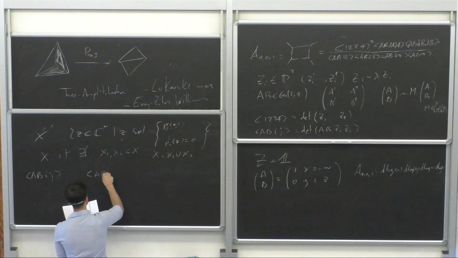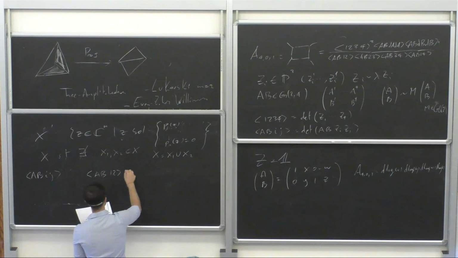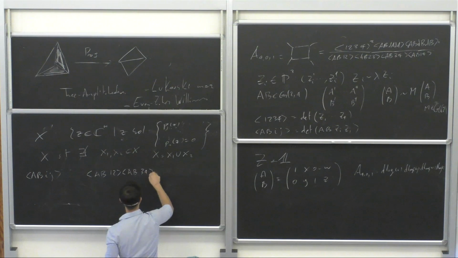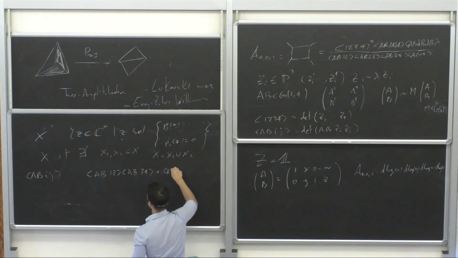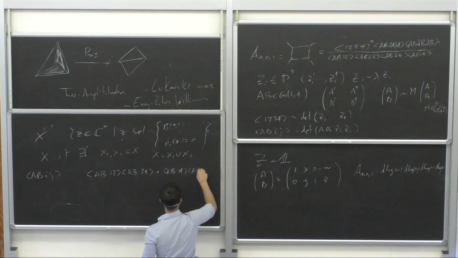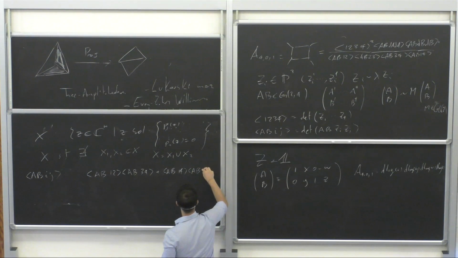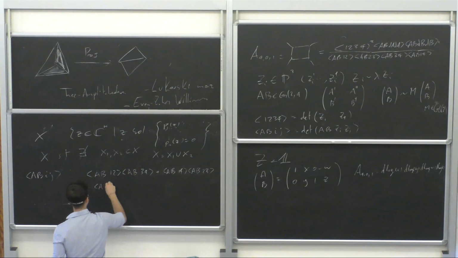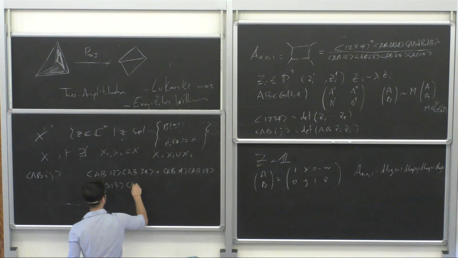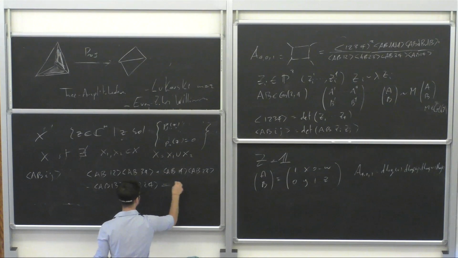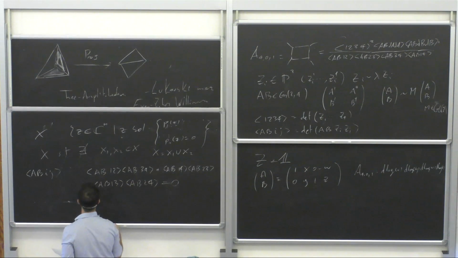There is a relation between these coordinates, the so-called Plucker relation: AB 12 AB 34 plus AB 14 AB 23 minus AB 13 AB 24. And this is a definition that computers like very much.